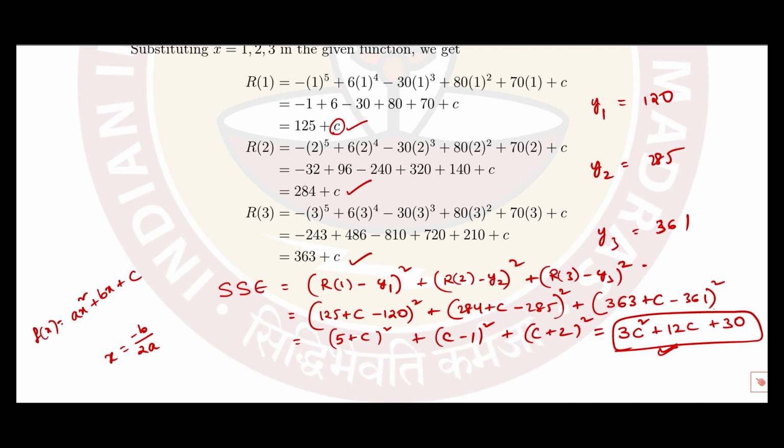So here x is replaced by c, and a is equal to 3 and b is equal to 12. If we substitute that, we get c equals -12/(2 times 3), which is equal to -2. So the sum squared error will be minimum if the value of c is equal to -2.